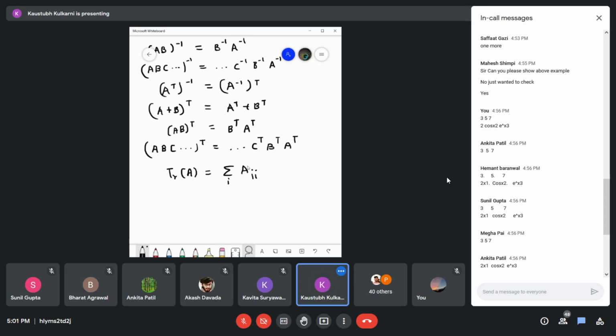I think in the previous term I had used small a. The diagonal elements are where the row number is equal to the column number. You can use small a or capital A, the diagonal elements.